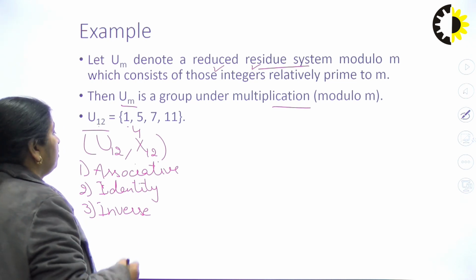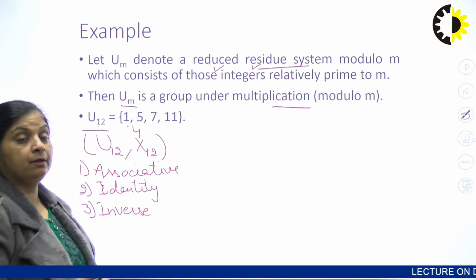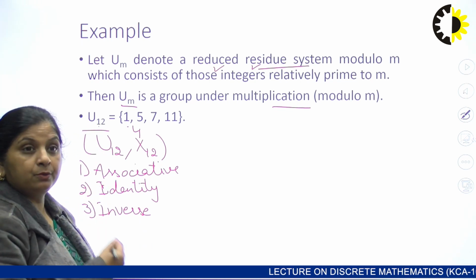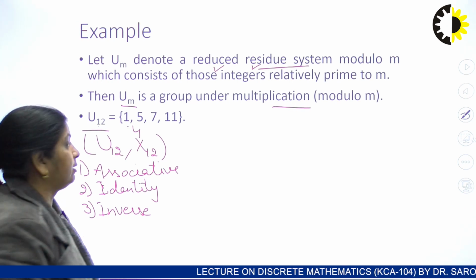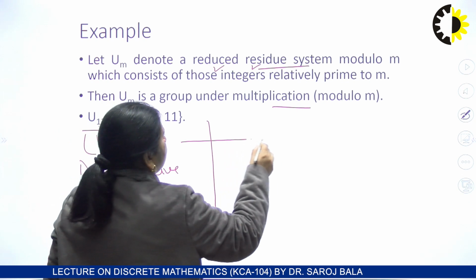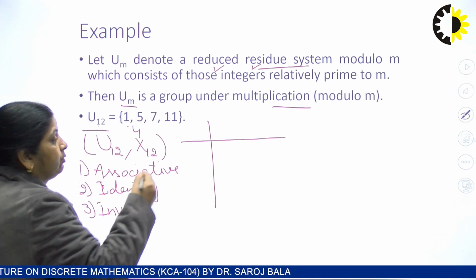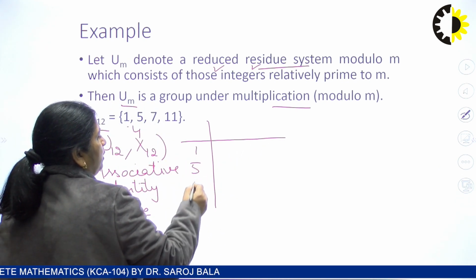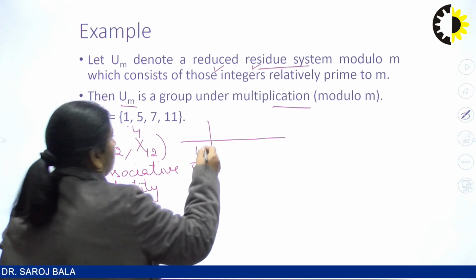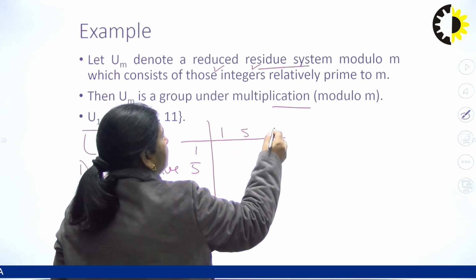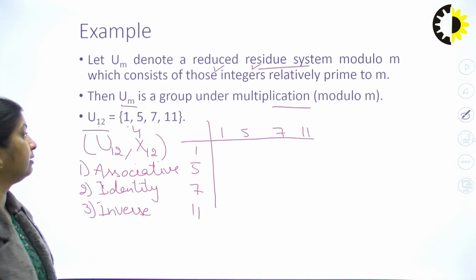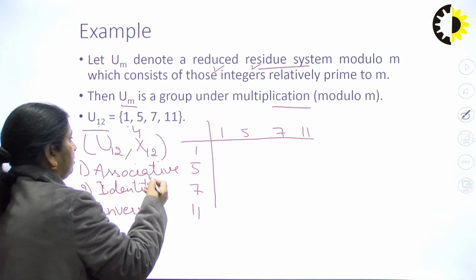To check these properties for this small set, we can use the operation table, or composition table. How is the composition table formed? In a composition table, we take all the elements row-wise and column-wise. So I have 1, 5, 7, 11 as the elements, and row-wise and column-wise again the same 1, 5, 7, 11. What is my operation?